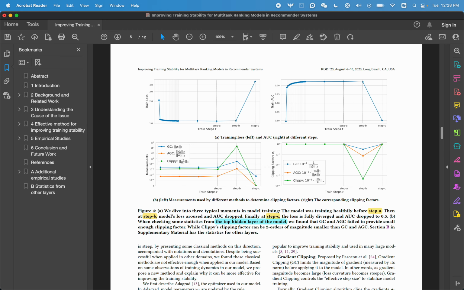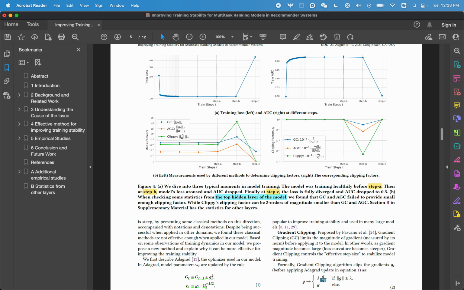They call it the clipping factor. So this is basically the clipping factor of GC. This is the clipping factor of AGC, which is invented by this paper. This is the measurement. If the measurement is larger than some lambda, we'll do the clipping.